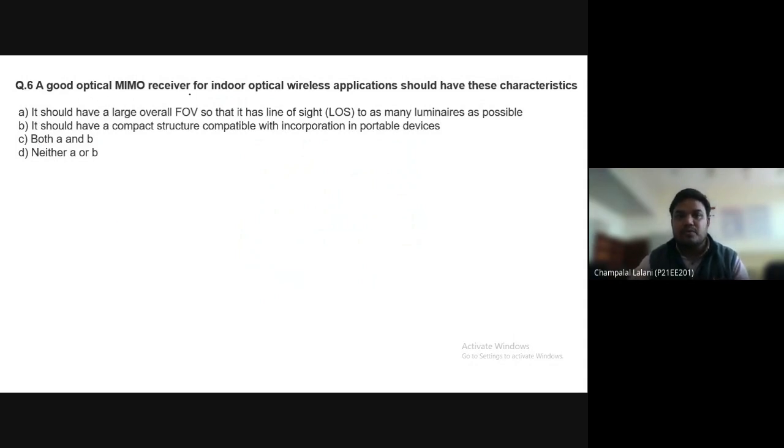A good optical MIMO receiver for indoor optical wireless application should have these characteristics.